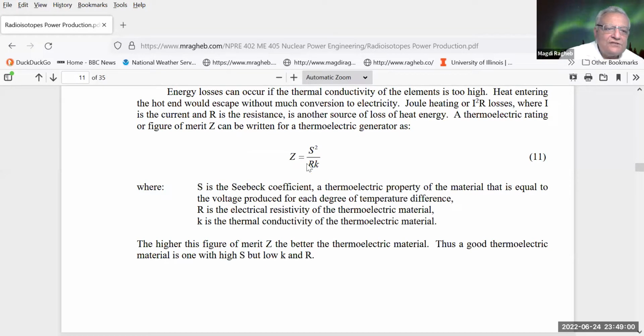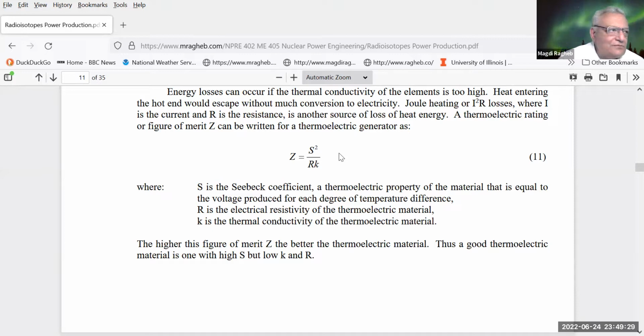The Seebeck effect is described by the Seebeck coefficient S. It's square divided into the electrical resistivity of the thermoelectric material, divided into the thermal conductivity of the thermoelectric material, is what we call the figure of merit for the thermoelectric generator. So Z is the square of the Seebeck coefficient for the material.